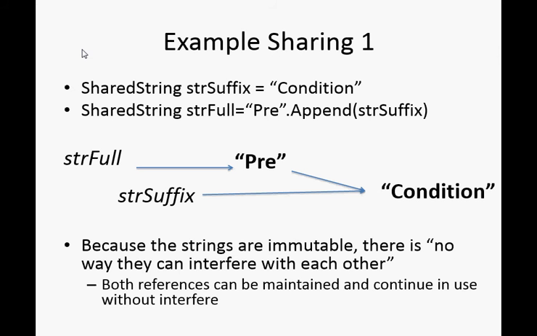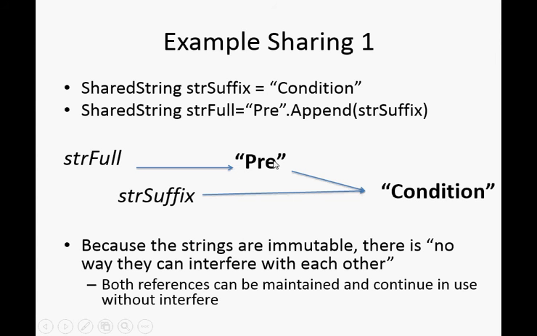Here's an example of sharing. If we have immutable strings, ladies and gentlemen, many independent parties can reuse the same string representation without worries that one is going to clobber the string representation of another. More than that, if we have, for example, an appended string, this string can reuse the components of the other.